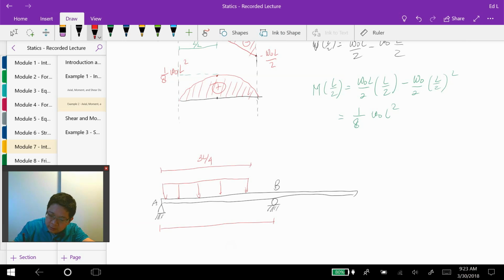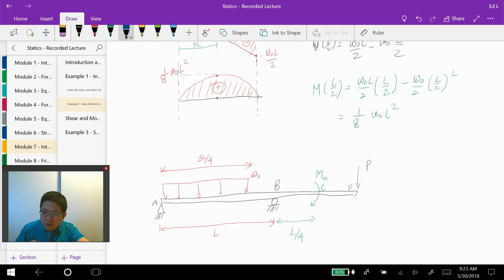The length here is L. Then we have a couple applied at point C, located L over 4 to the right of point B, and a point load applied at the tip D right here.